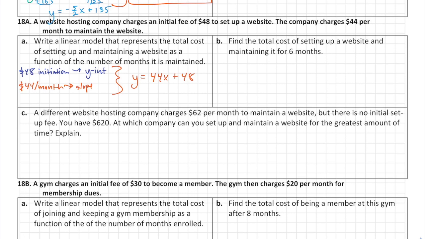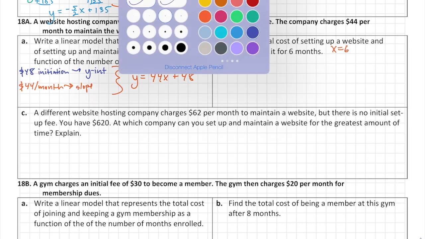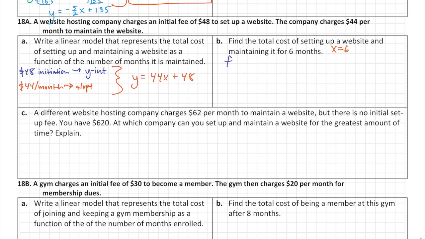Find the total cost of setting up the website and maintaining it for 6 months. Well, that would be like my x was equal to 6. Now, let me put this into function notation and say f of x is equal to 44x plus 48. Then if I want to know 6 months, I'll plug in 6 for my x.